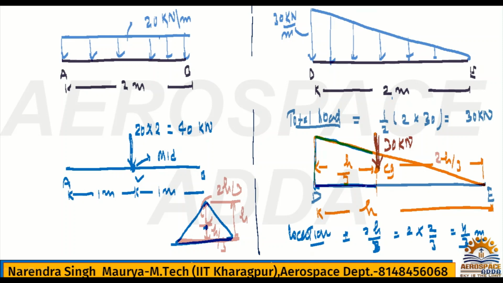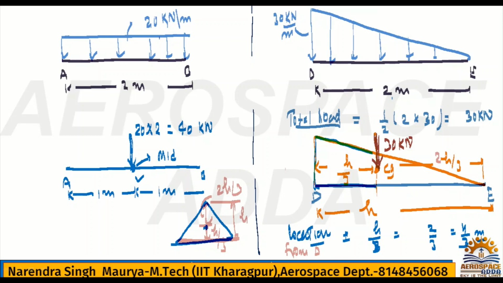So now if you want to check the location from D, it will be h by 3. It's not 2h by 3, it's only h by 3. Generally, even though we don't know the formula, how will we guess the CG location?